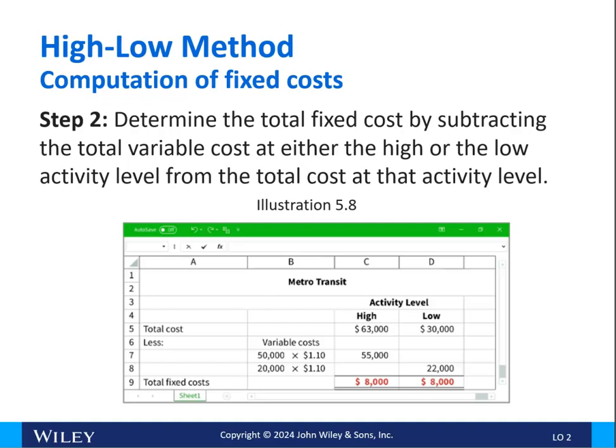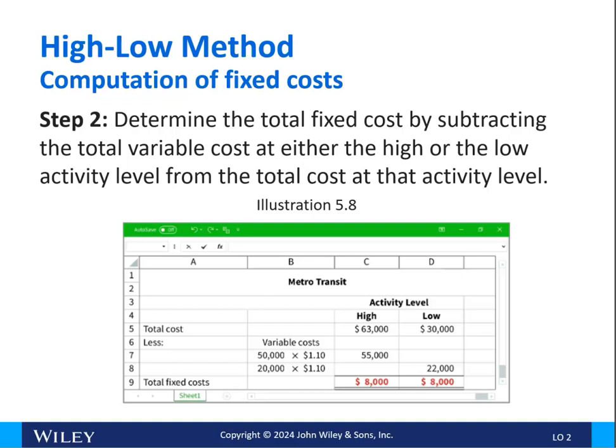We had 50,000 miles driven at our variable rate that we just calculated, $1.10, which gives us $55,000 of variable cost. That difference is $8,000. That's our fixed cost. The fixed cost is $8,000. The variable cost is $1.10 per mile.